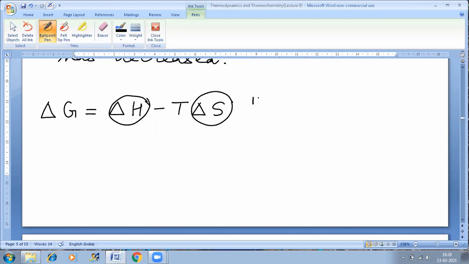So let's say we take an example of this, that is delta H is equal to plus X and delta S is equal to plus Y. Some arbitrary values have been taken.